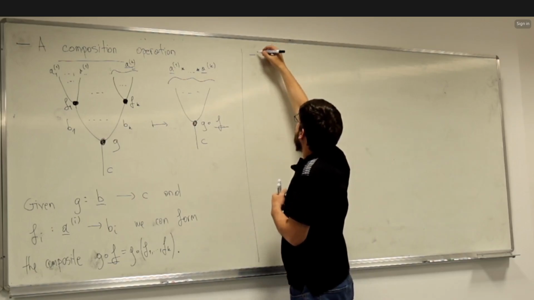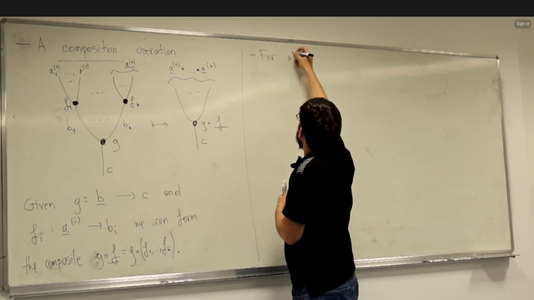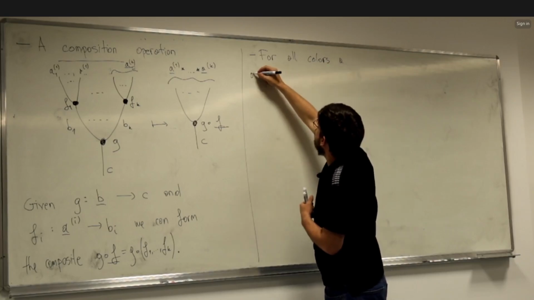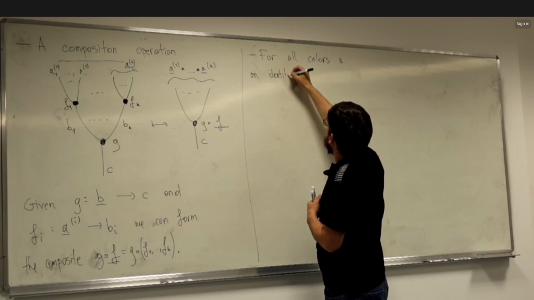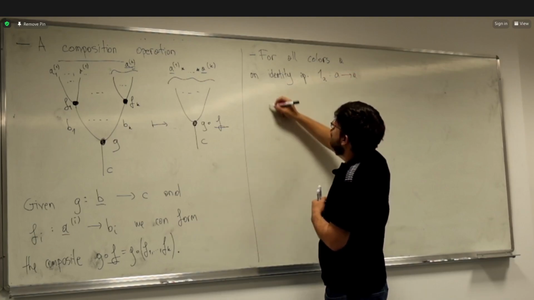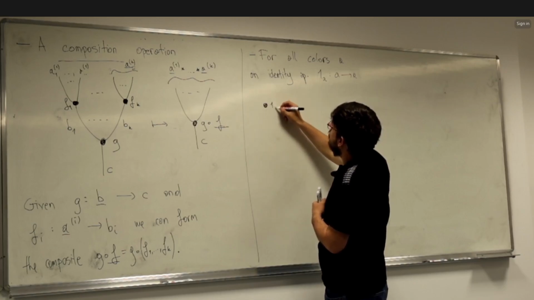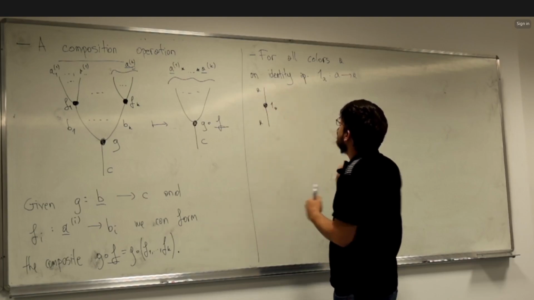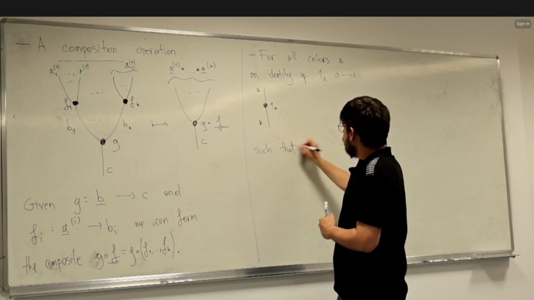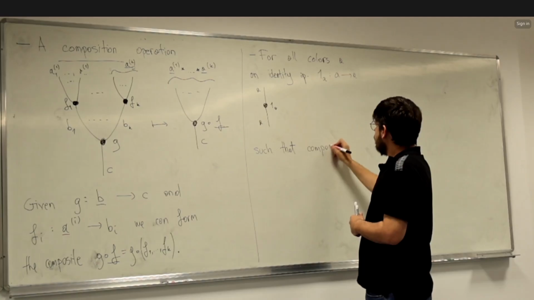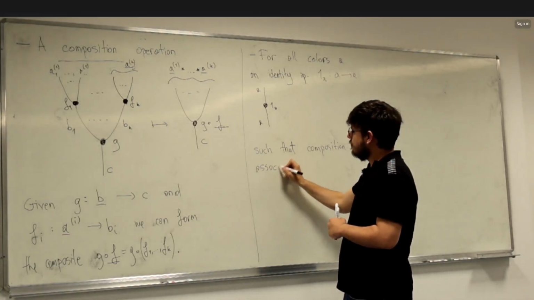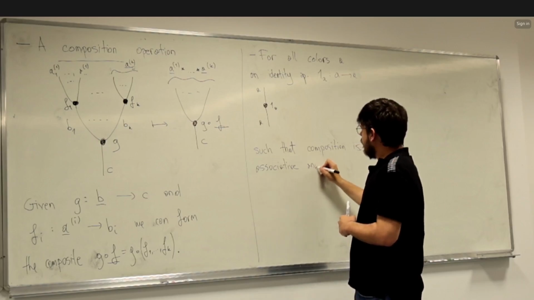So we say for all colors A, we have an identity operation, 1A, from A to A. And all of this data is such that composition is associative and unital.